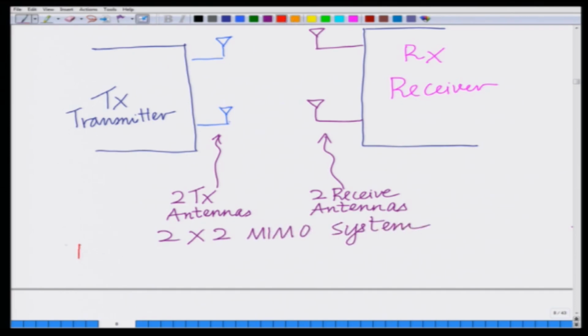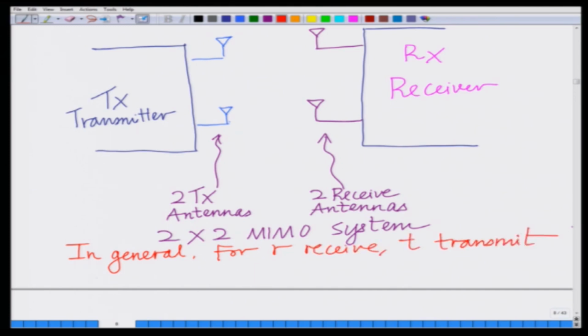In general, for R receive and T transmit antennas, we have an R cross T MIMO system.